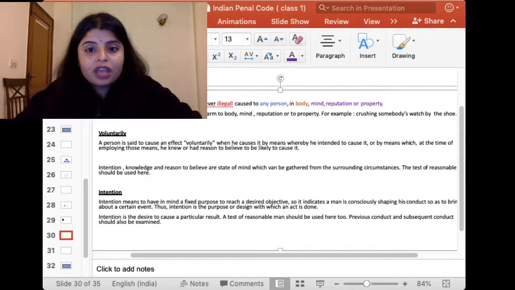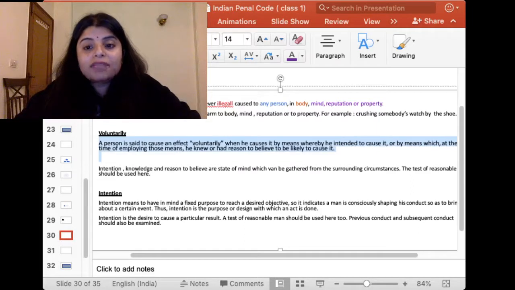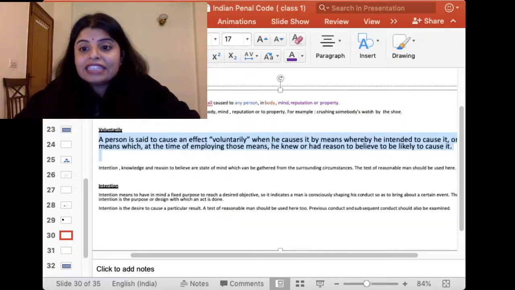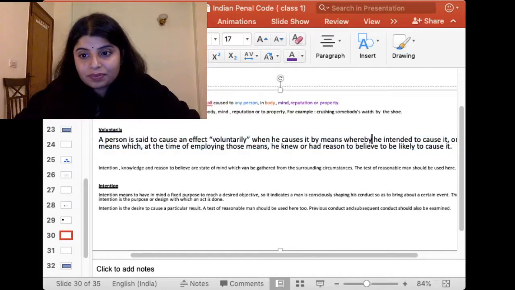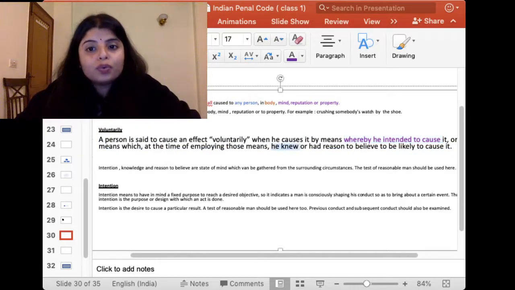See here, a person is said to cause an effect voluntarily when he causes it by means whereby he intended to cause it, or by means which, at the time of employing those means, he knew. That means he had knowledge about it, or he had the reason to believe.